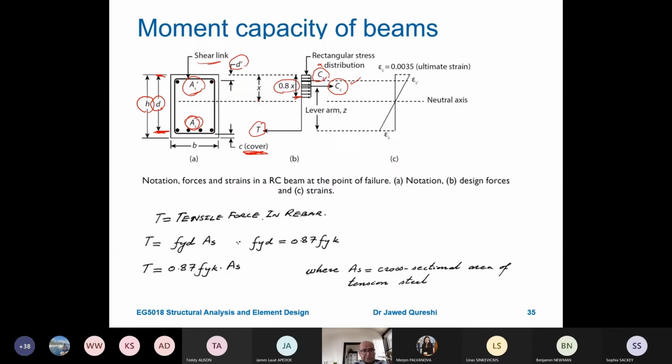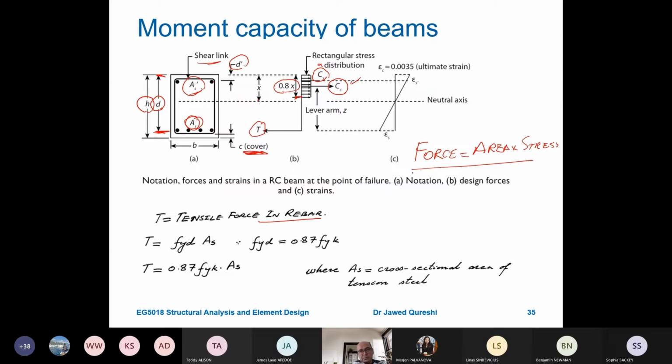So the tensile force in the rebar is equal to area times stress. Any force is equal to area times stress. This is a famous formula. Or stress is equal to force over area.